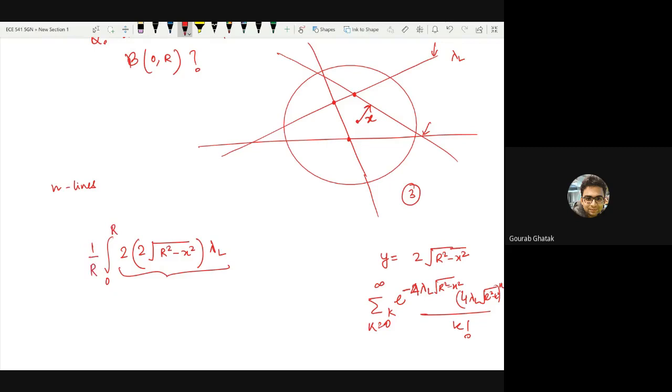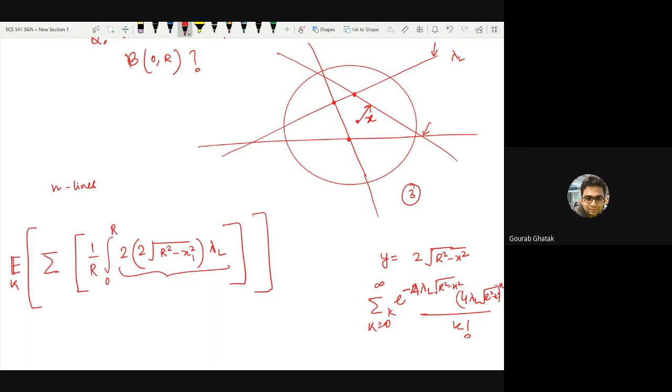Remember that this is the average number of intersections on only one line. You have to sum this number over all k possible lines and take an expectation with respect to k.